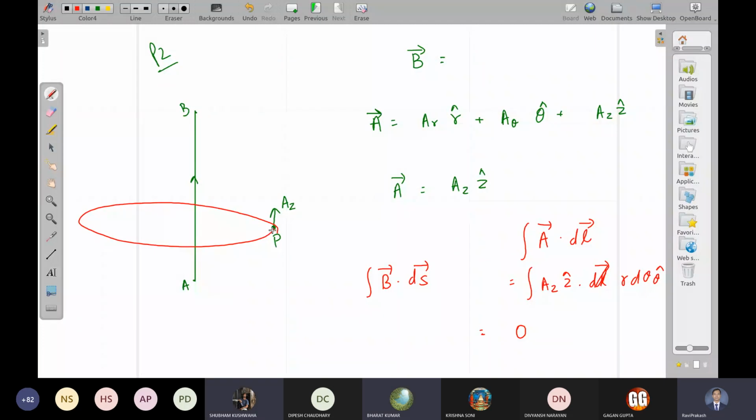Circular. It is only along theta cap. Yes, sir. या z cap कंपोनेंट भी है. So no z cap component. इत्मीनान से सोचिए थोड़ा सा. क्या यहाँ पे z cap कंपोनेंट होगा?